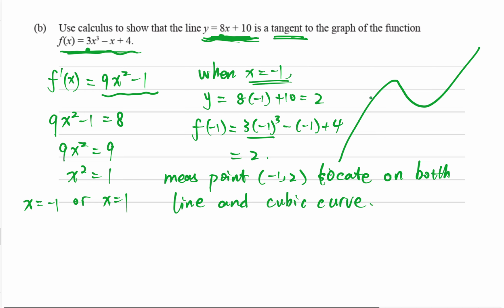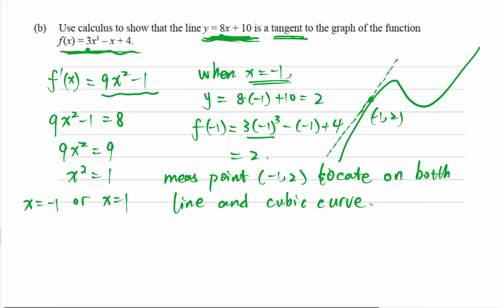So that makes a lot of sense. This point is negative 1, comma 2. It sits on the curve, and the line also goes through this point, only touching at this point. That's exactly the meaning of the tangent line.